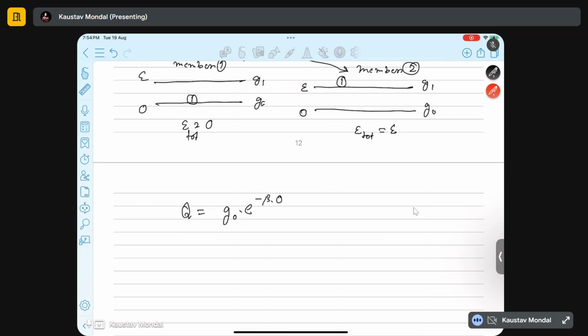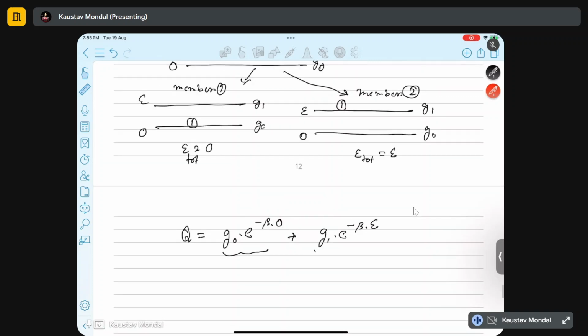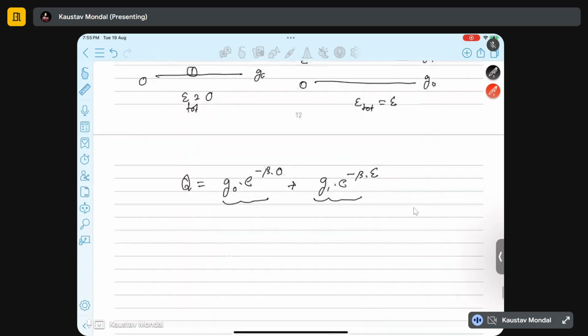So for the first member the contribution is this, and from the second member it is G1 into e to the power minus beta into epsilon.